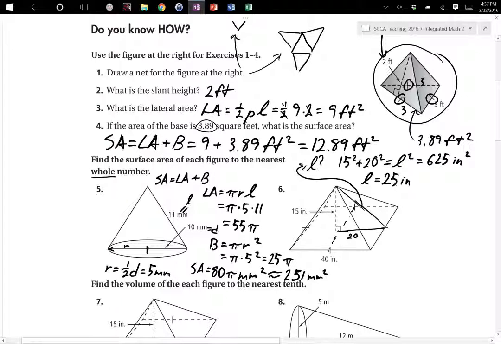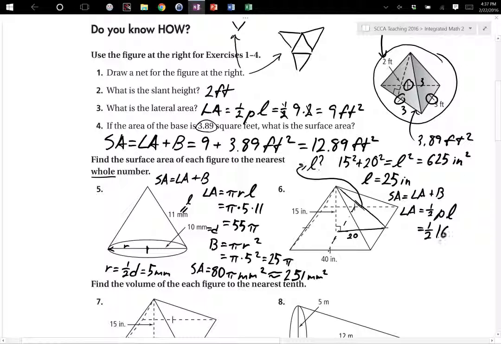Okay, now that I have that, I can find my lateral area. I'm going to play the same game again. My surface area is lateral area plus base. Lateral area is 1/2 perimeter times the slant height. And now I need to plug those in. What is my perimeter? So it's 40, 40, 40, 40.